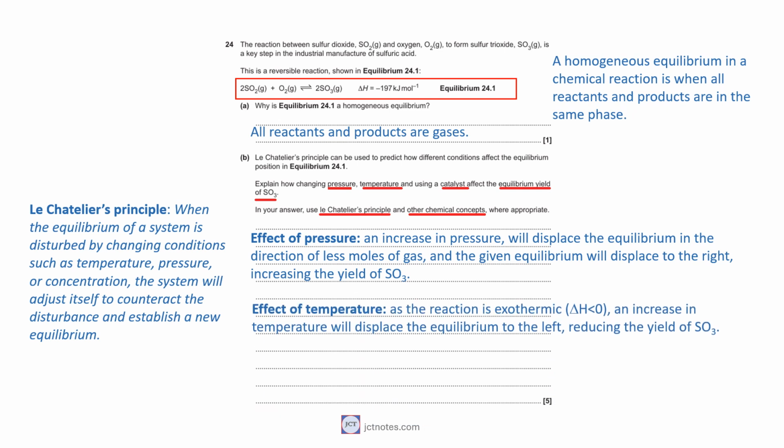Effect of temperature: as the reaction is exothermic, the change in enthalpy is negative, an increase in temperature will displace the equilibrium to the left, reducing the yield of sulfur trioxide. Effect of catalyst: a catalyst will have no effect on the equilibrium or on the yield of sulfur trioxide.